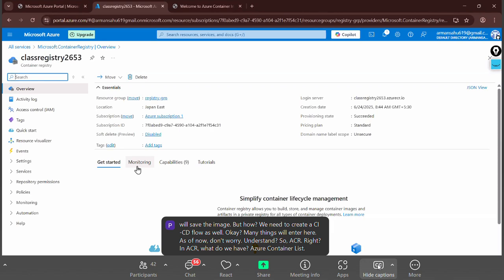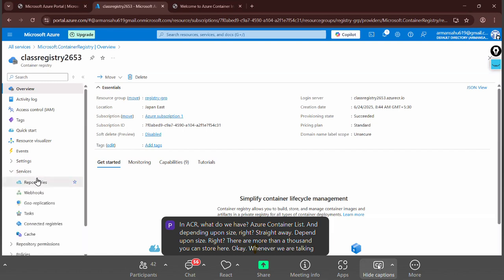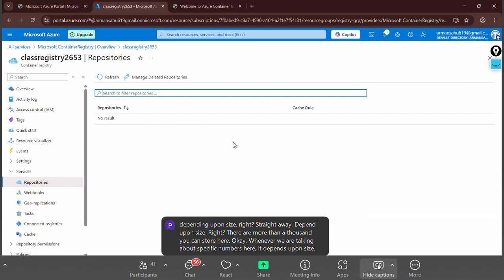And depending upon size, there are more than 1,000 you can store here. Whenever we are talking about specific numbers here, it depends upon size.